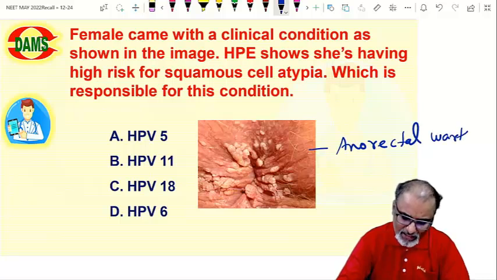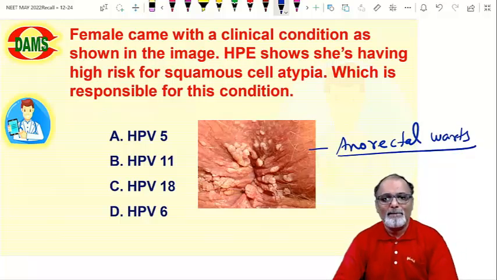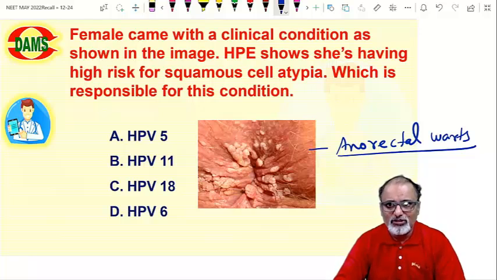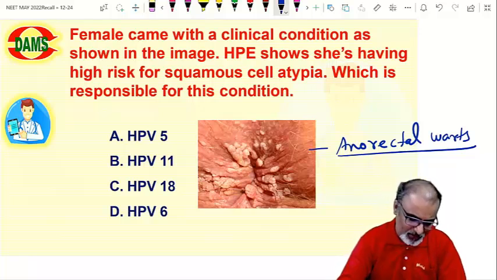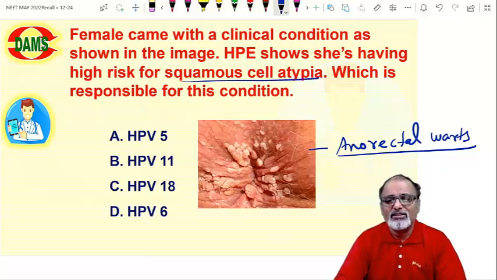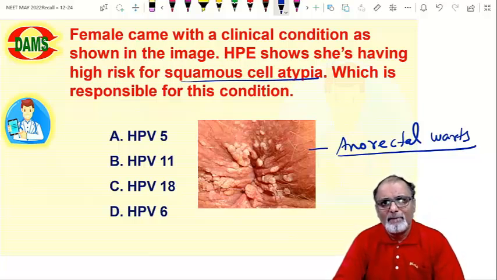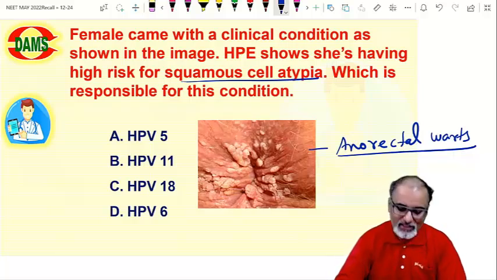The image shows anorectal warts, that everybody accepted. Histopathology examination shows she has a high risk of squamous cell atypia. That means in a pap smear or in histopathology examination, squamous cell atypia means she is more prone to get human cervical cancer.